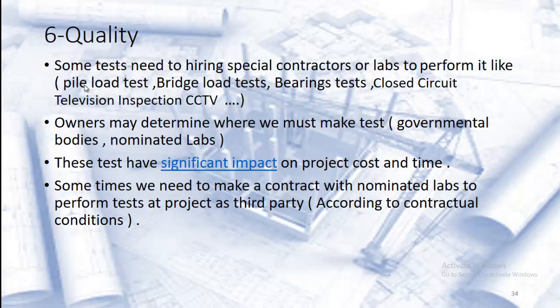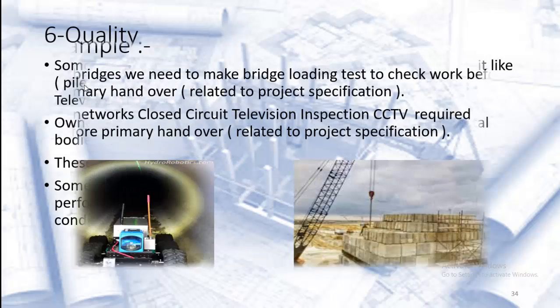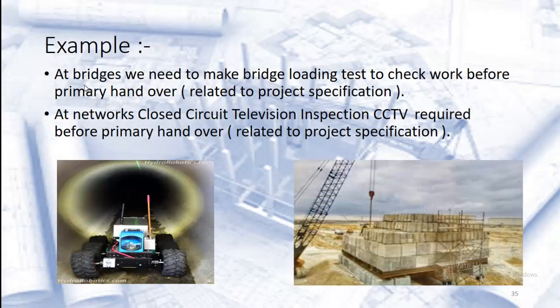This test has a significant impact on project cost and time. We must review it and control its time so there are no delays because of it. These are two examples that we focused on previously.